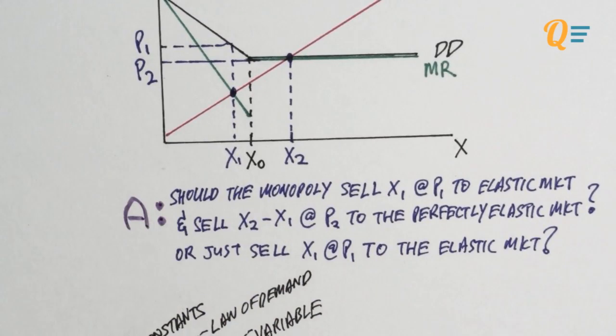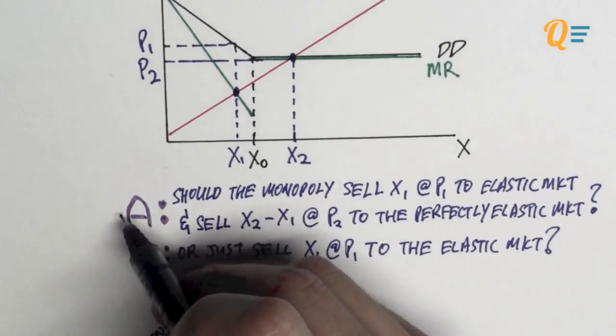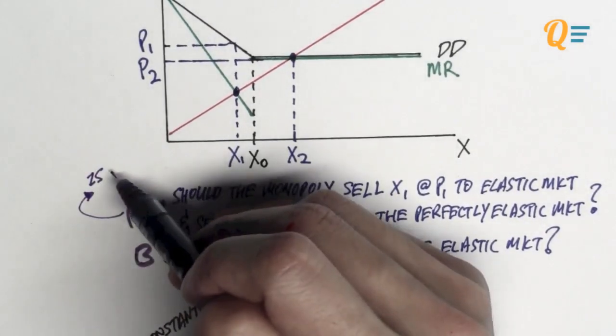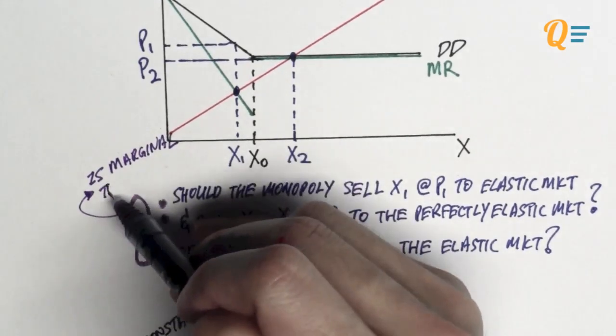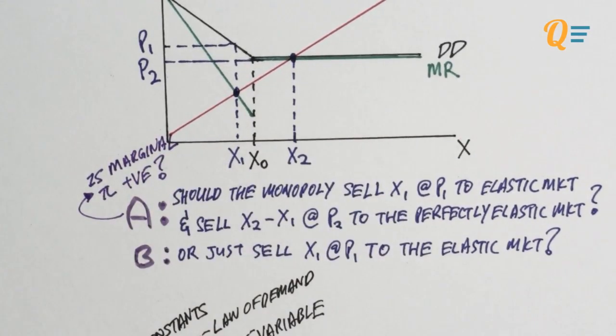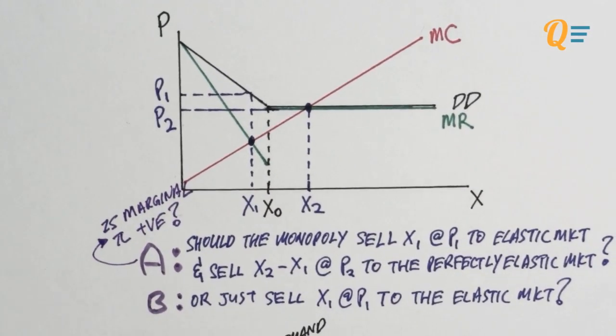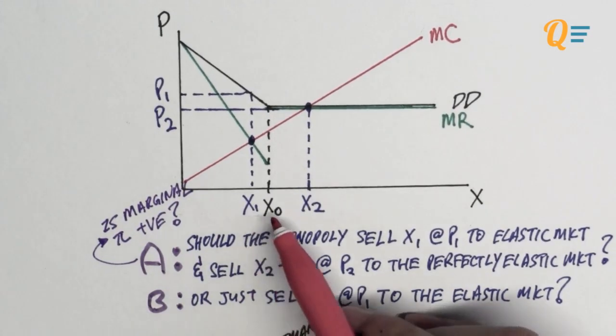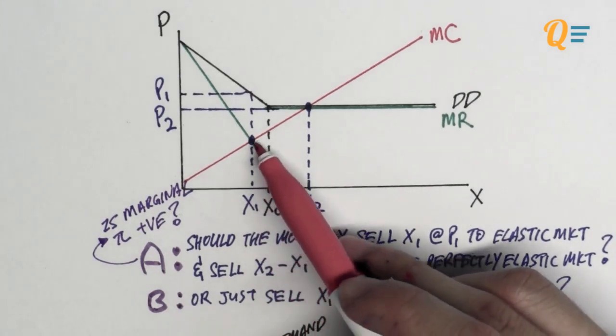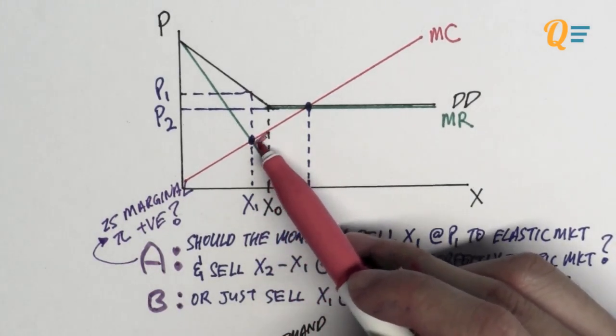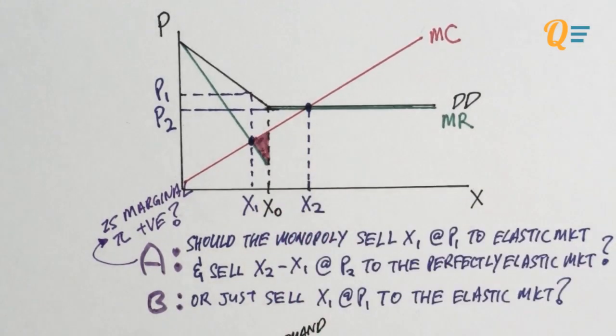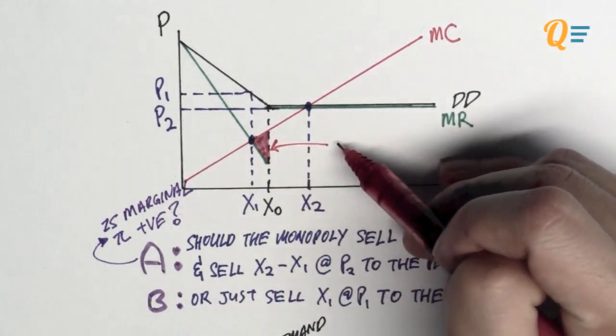So the choice between option A and option B depends on whether there is positive marginal profits for producing beyond X1 and selling it to the perfectly elastic market. So let's begin our analysis for the quantity between X1 and X2. So this triangle over here is formed with the marginal cost curve being on top of the marginal revenue curve.